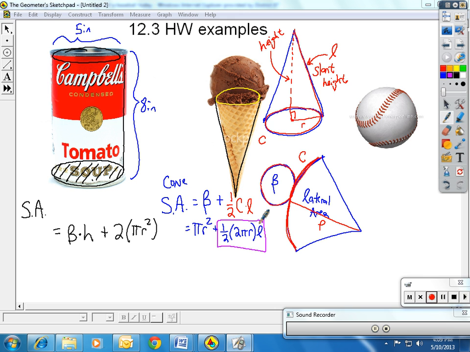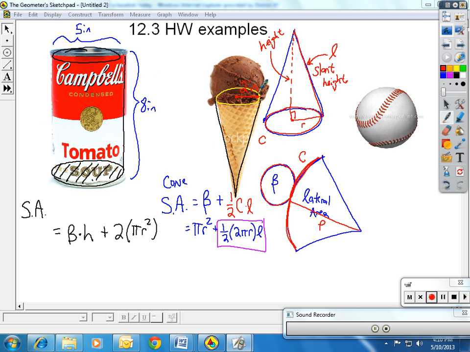So let's apply that in this case. Suppose I would need to know some information about this cone in order to do that. So I would need to know the slant height, and I would need to know the radius. So suppose the radius from center to outside of this cone is 2 inches. Okay, suppose that is 2 inches.